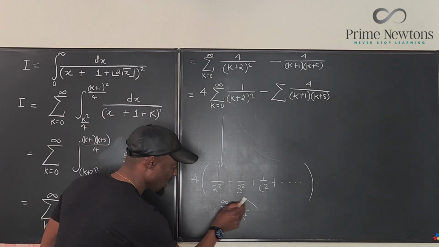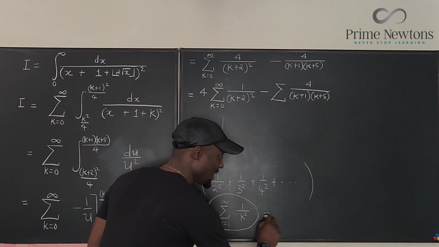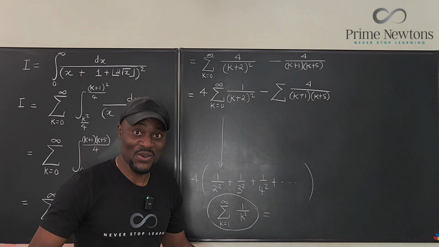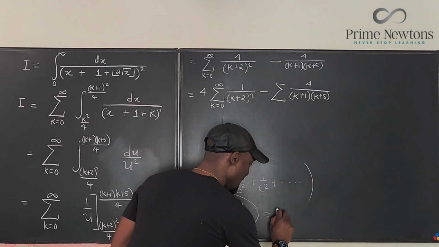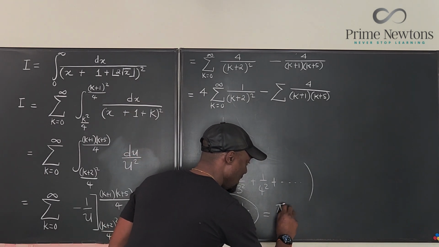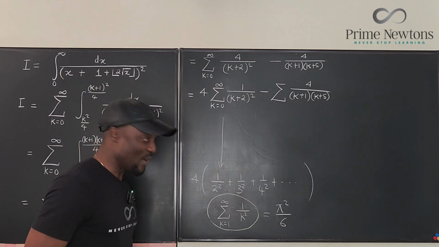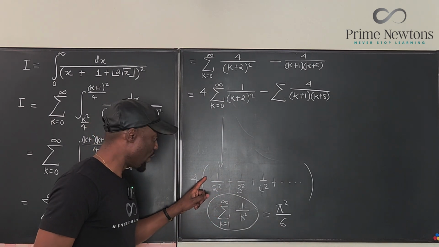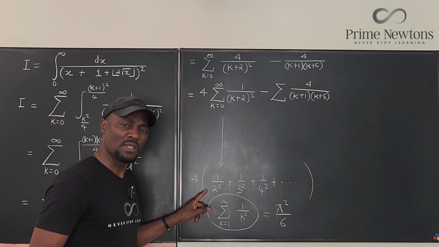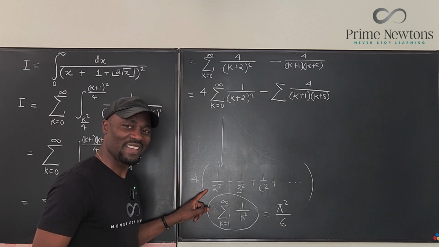If you know this sum, which is called the Basel problem, it is pi squared over 6. The only thing missing is 1 over 1 squared. What is 1 over 1 squared? It's 1.